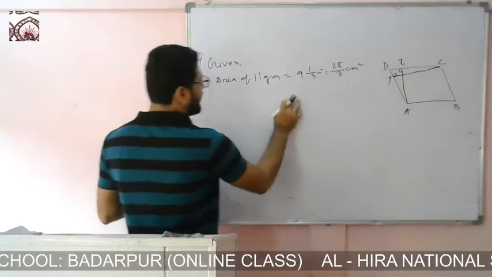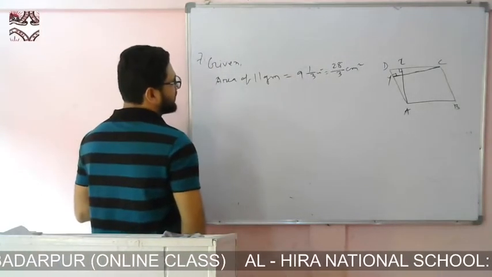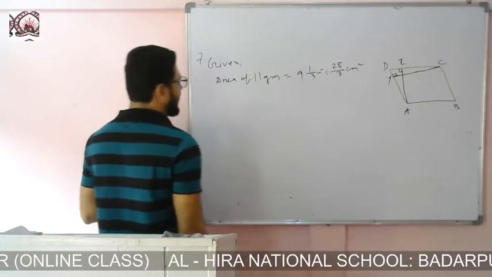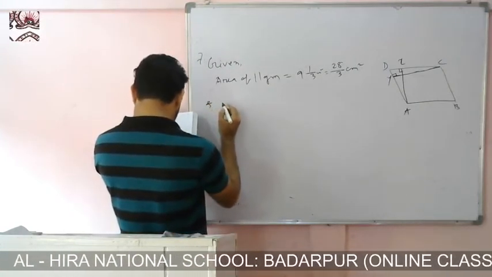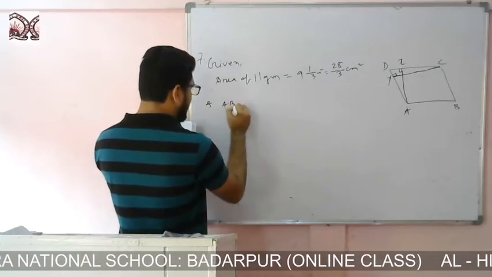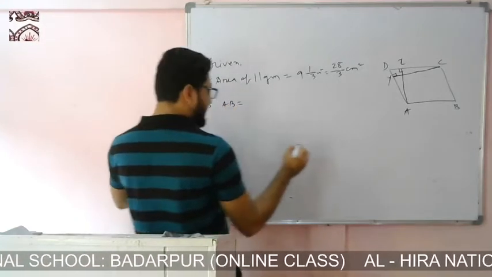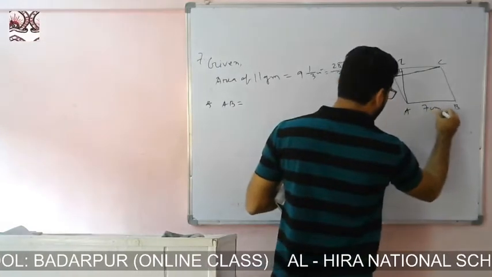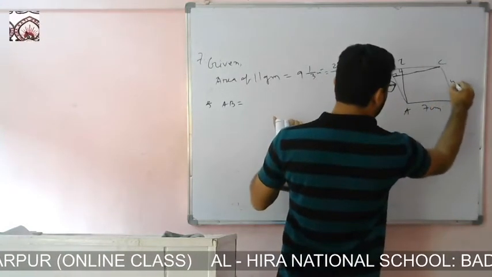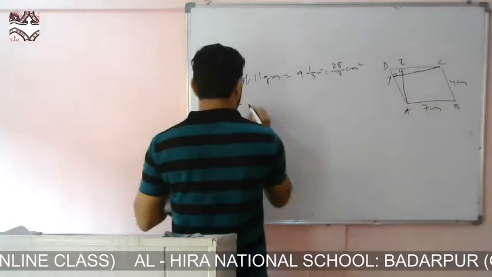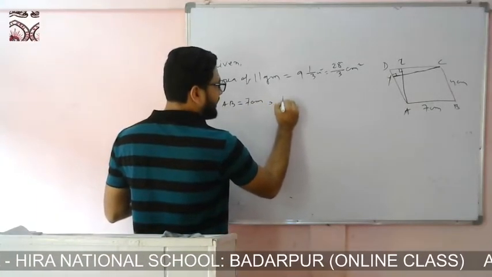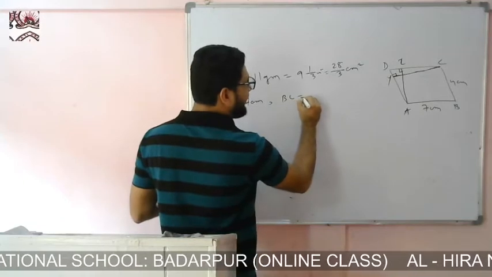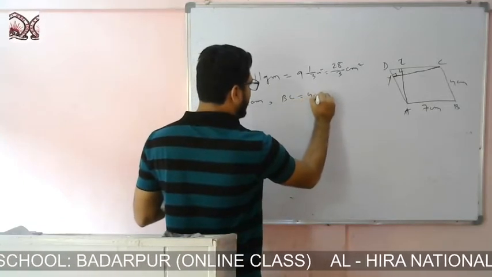I have broken the mixed fraction. Now write, AB is given as 7 centimeter and BC is 4 centimeter. AB equals 7 centimeter and BC equals 4 centimeter.